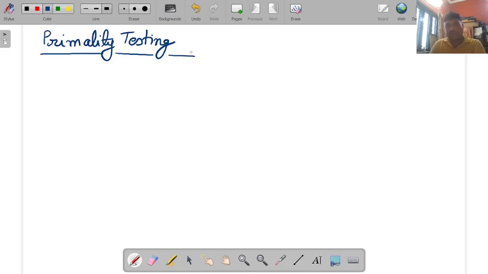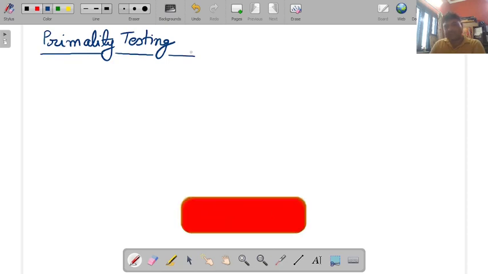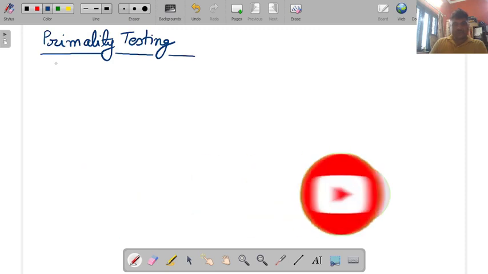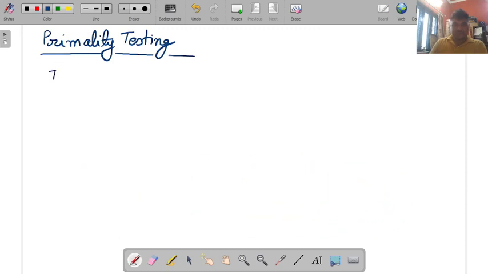For that we have some algorithms by which you can find out whether a particular number n is prime or not, because this prime number is used to change the plain text into the ciphertext and the ciphertext into the plain text. So on the basis of their working, their result, this testing is classified into two parts.